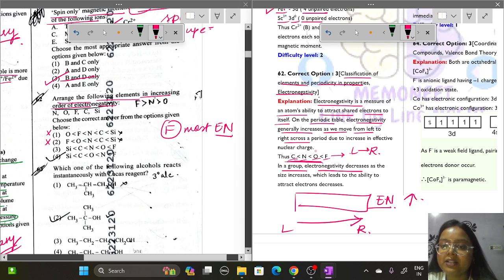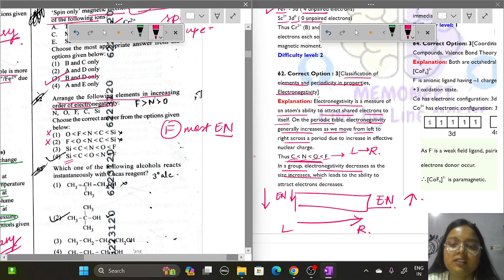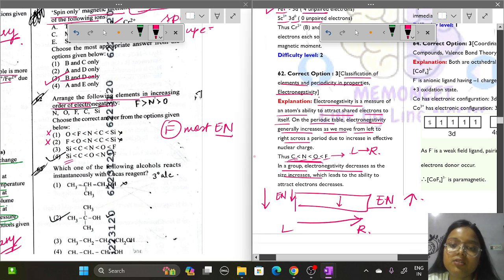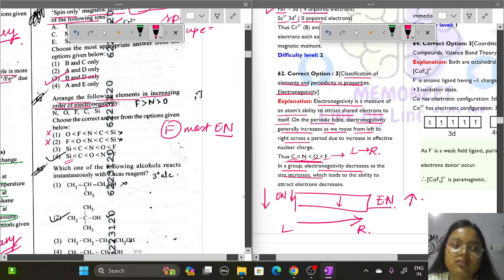In a group, electronegativity decreases as the size increases. As we move down the group, size increases and electronegativity decreases, so the ability to attract the electron decreases. So here silicon, which is below, will have the least electronegativity.